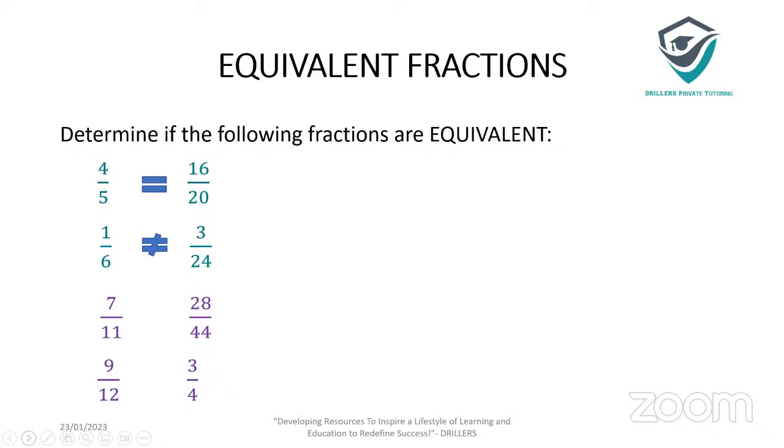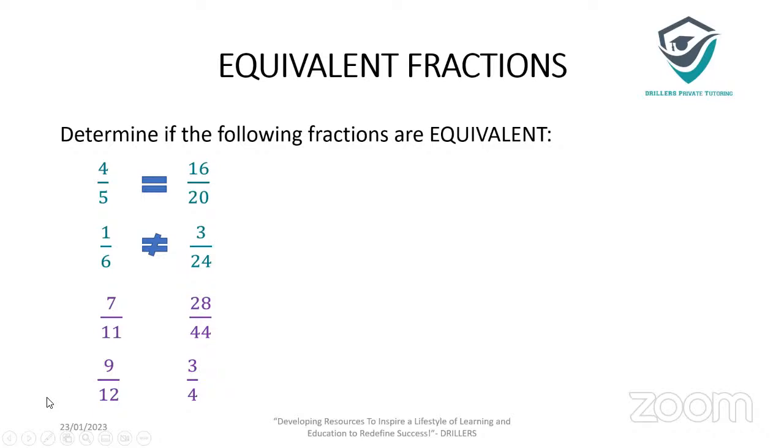So pay attention to the difference in how we write the equal sign and how we say not equal to. Not equal to is just the equal sign with a stroke running diagonally across. So 1/6 is not equal to 3/24.